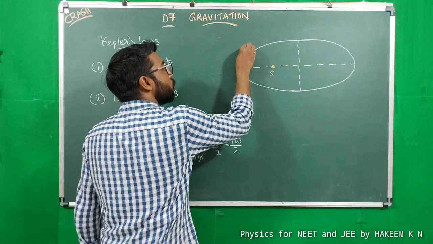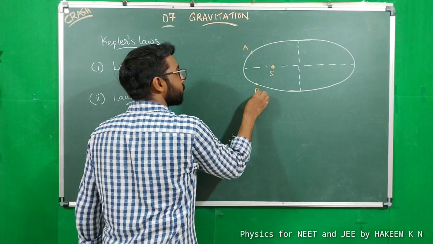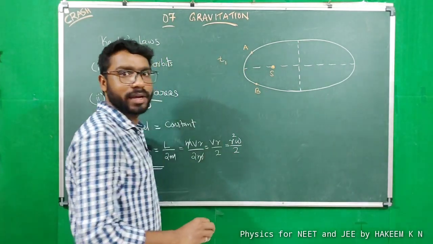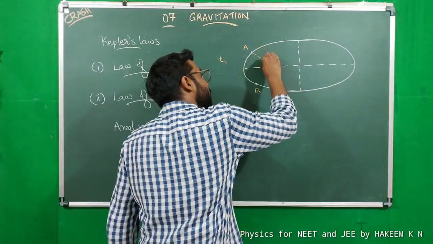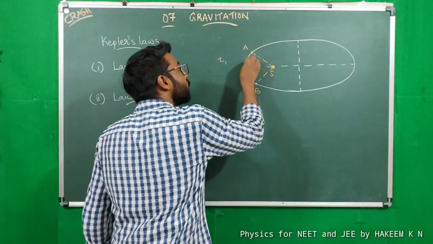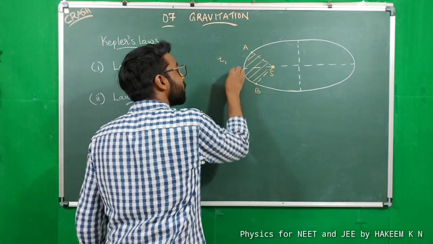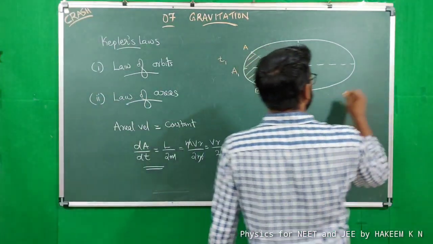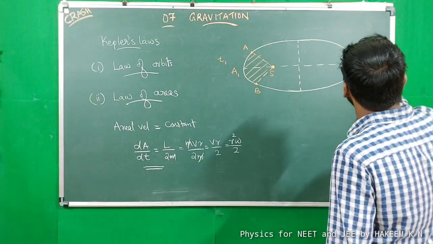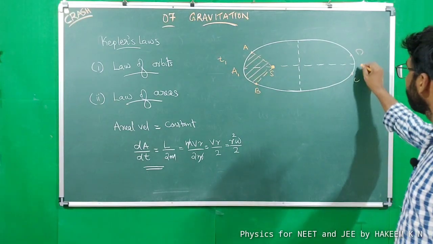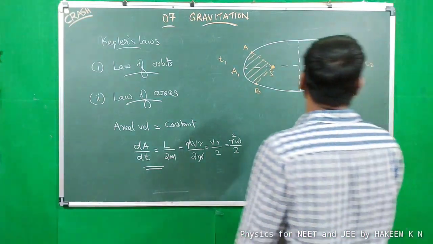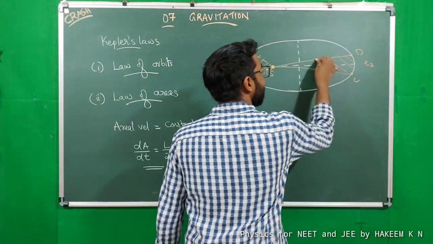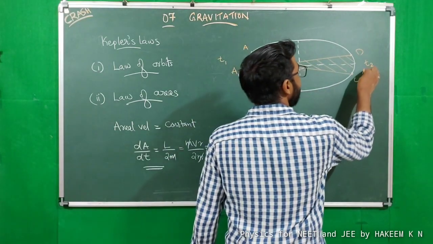If planet moves from A to B in time t1, the line joining the planet and the sun covers an area, that area I am giving as A1. Now, when the planet travels from C to D in time t2, then the area covered by the line joining the planet and the sun is A2.